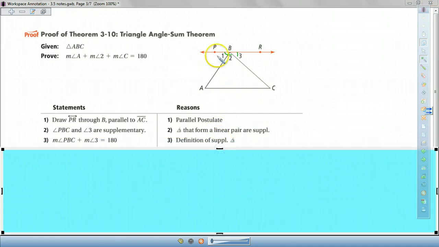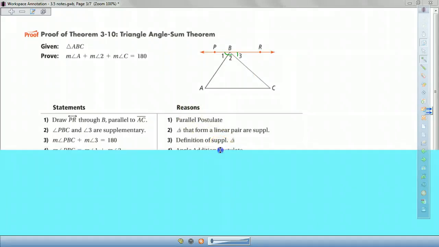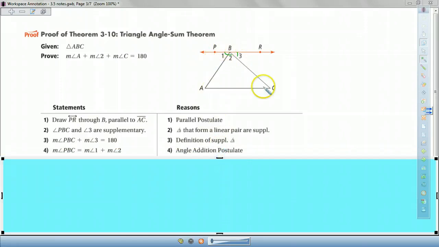Then he said, well, the measure of PBC plus the measure of 3 is 180 because of the definition of supplementary angles. Then he said, the measure of PBC is equal to the measure of 1 plus 2. That's because the addition of your parts is equal to the whole, your angle addition postulate.